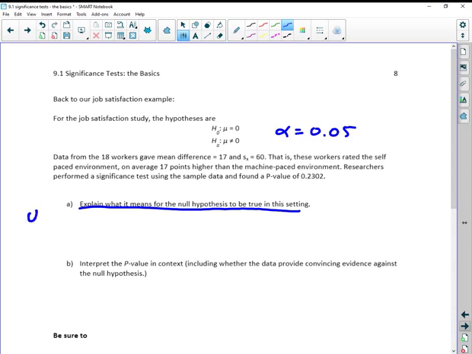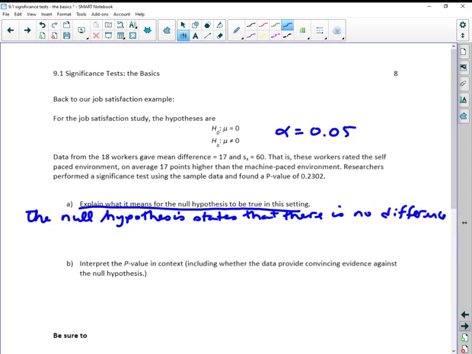The null hypothesis states that there's no difference in the mean of self-paced minus machine-paced.